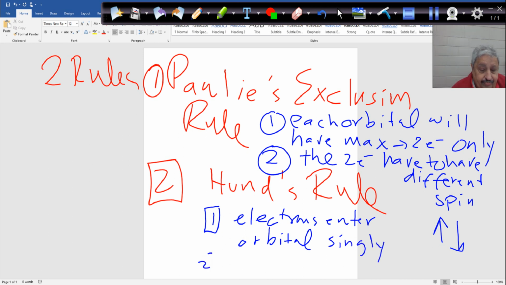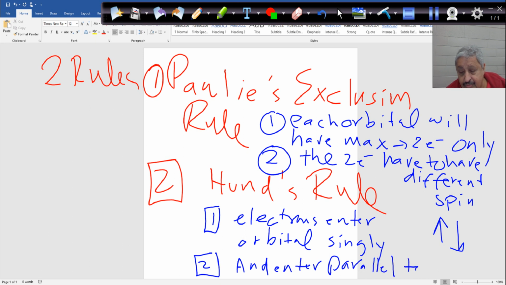Number two, when they enter singly, they have to be parallel to each other.